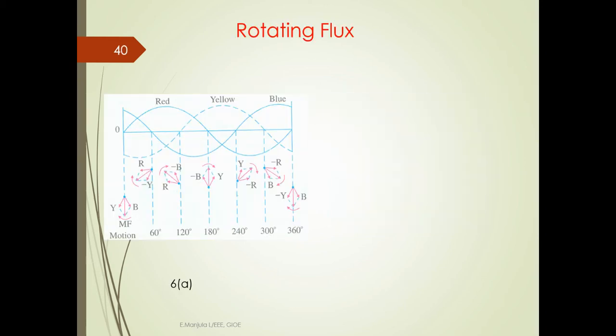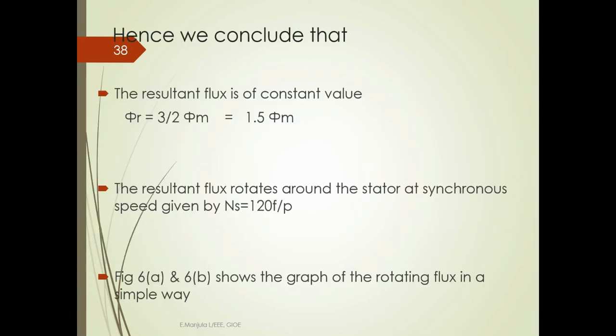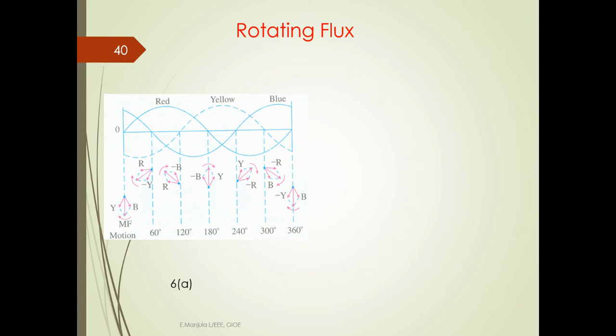So a resultant rotating magnetic flux with a constant magnitude has been formed. There are two graphs which give a rotating magnetic flux with a simple wave. Here, if we observe each and every degree, how the flux is rotating has been given.